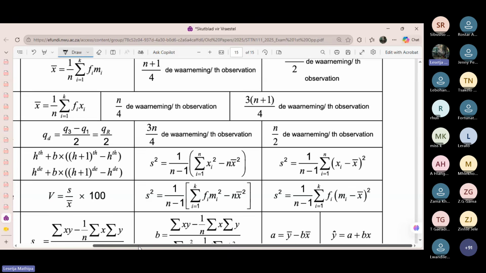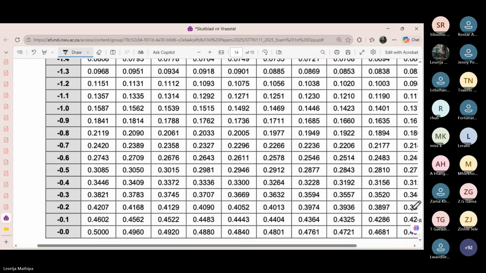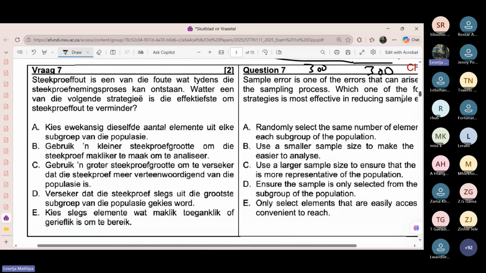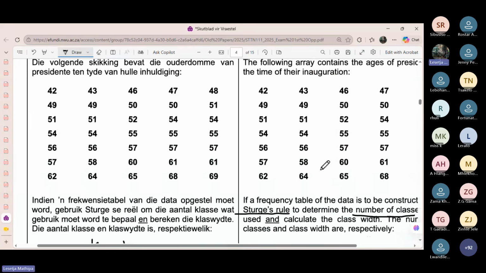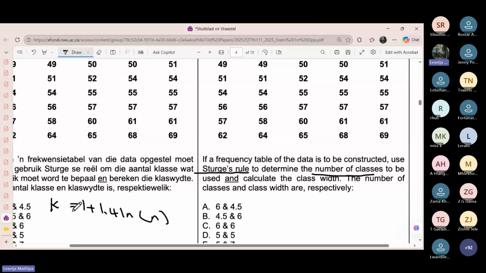It's supposed to be somewhere. This one. So you're going to use this formula for the number of classes. So the method we're going to use: K is equal to 1 plus 1.4 ln n.